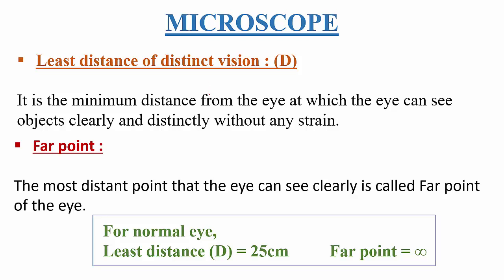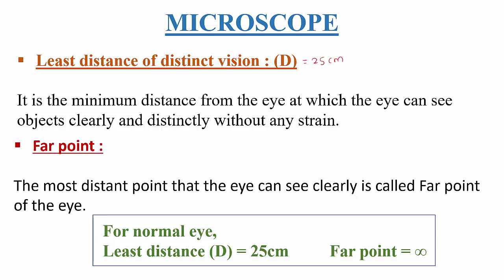If the object is farther than 25 centimeter, the eye will get strained. So the least distance for the normal eye is 25 centimeter.